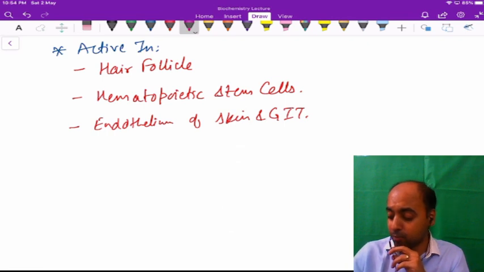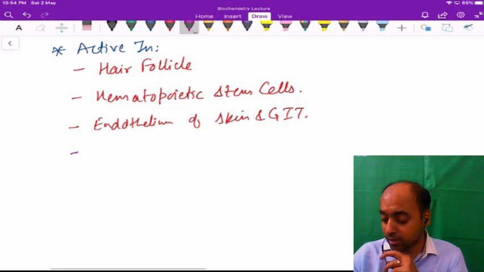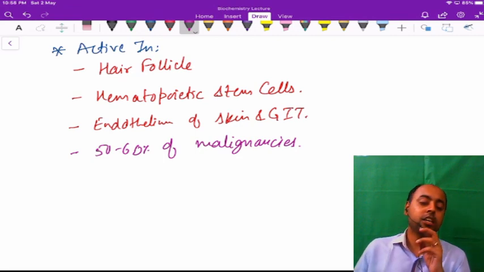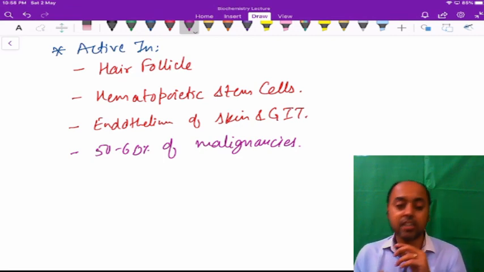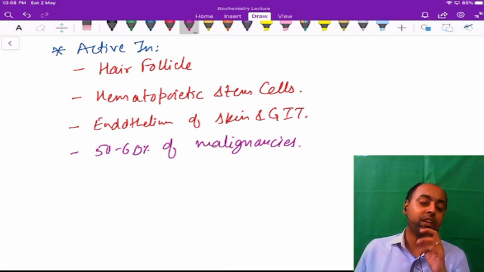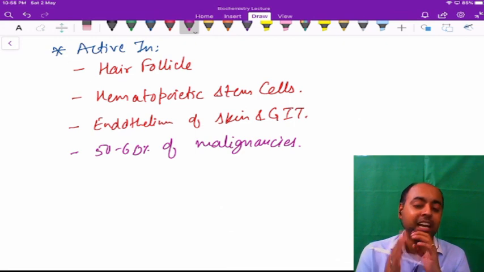And a very important item in this list is that the telomerase is active in about 50 to 60% of malignancies. This is a newly identified feature: a large number of cancer cells do not undergo apoptosis, whereas they should have undergone apoptosis due to depletion of telomere. Now, about 50% of them do not have an active apoptotic cascade.